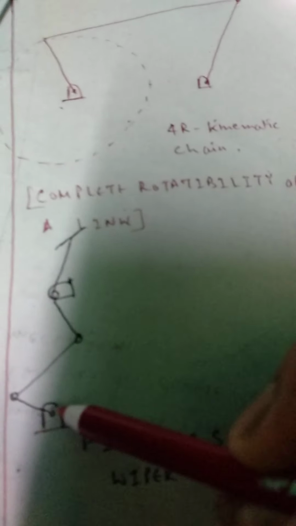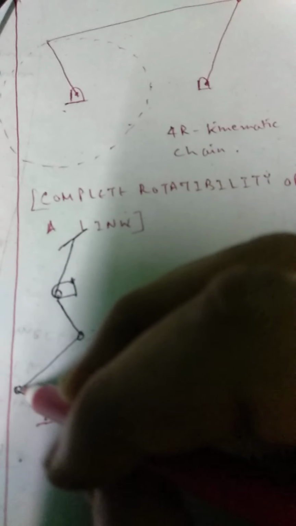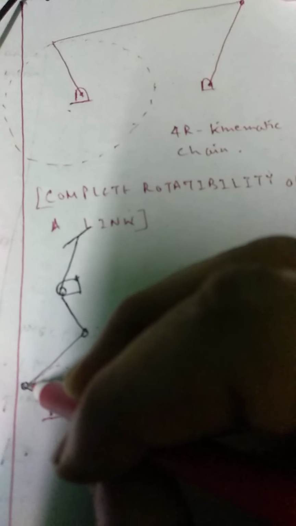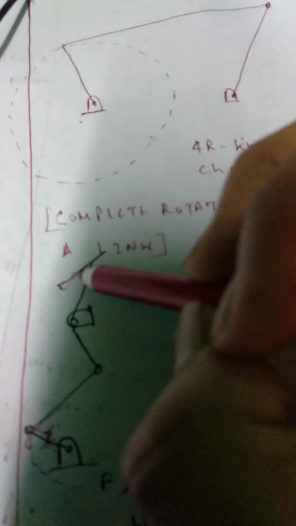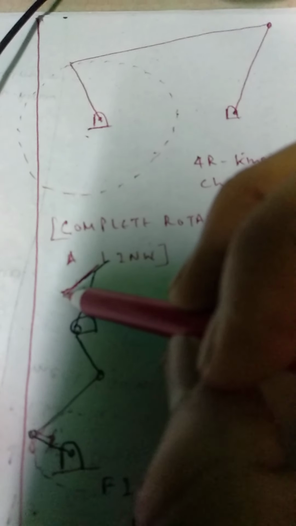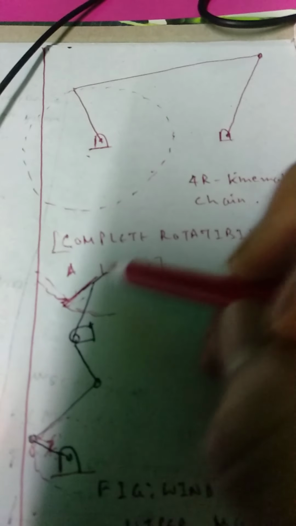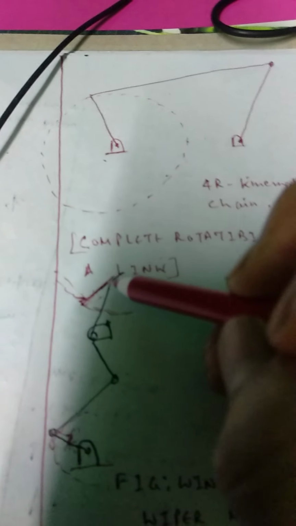This link is able to rotate completely about this point because here it is attached to a motor. This link is connected to a motor, and this wiper can oscillate.